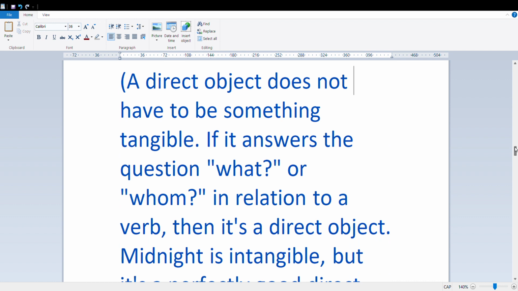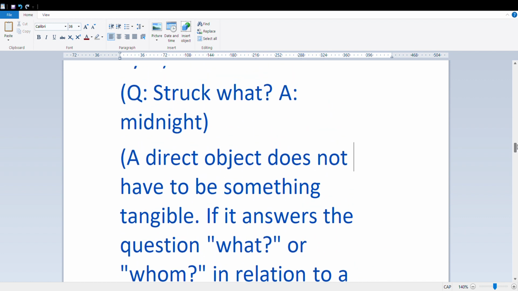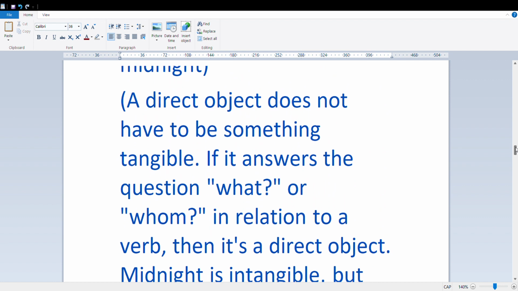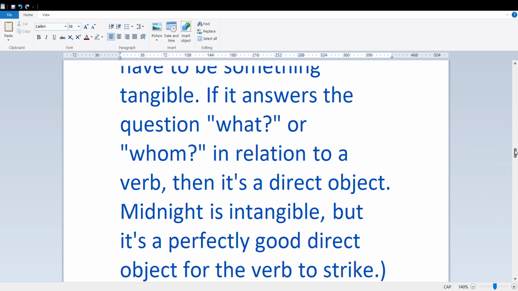Midnight is intangible, but it's a perfectly good direct object for the verb to strike. I hope you all have understood the transitive verb. Quite simple it was. Ask the question of what or whom, you will get the answer. But always remember the direct object does not have to be something tangible. If it answers the question of what or whom in relation to that particular verb, then it's a direct object.